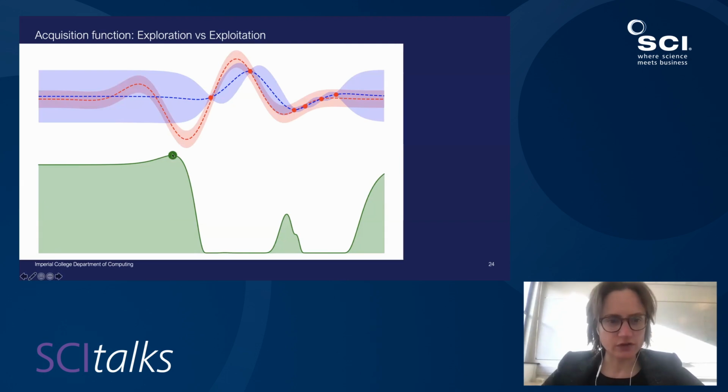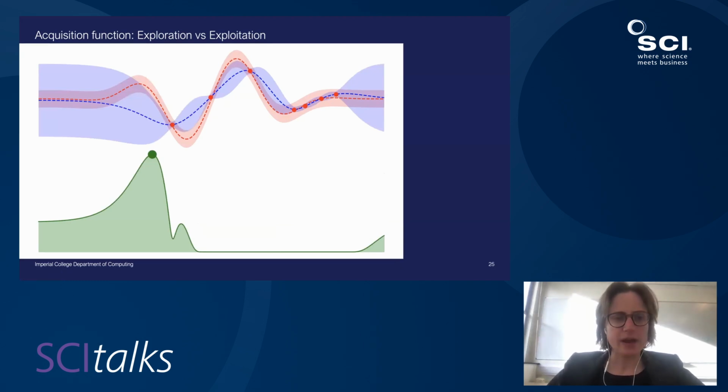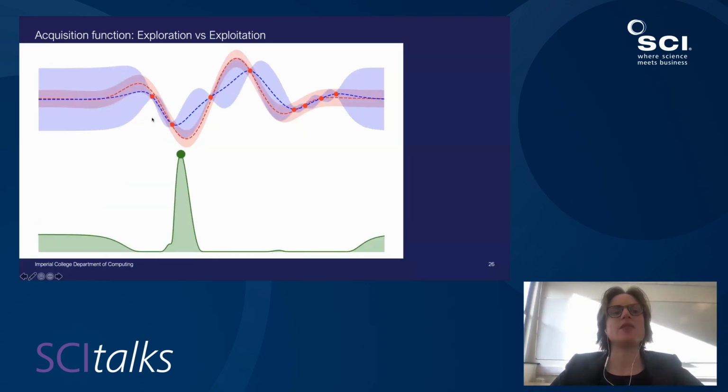Now the acquisition function is saying, okay, sample where you really don't know anything. So I'm going to sample where I don't know anything, and that will improve my knowledge of the function further. And I will continue. So basically my acquisition function decides where to sample next, then I do the sampling, then I update my belief about what the underlying function is, et cetera.